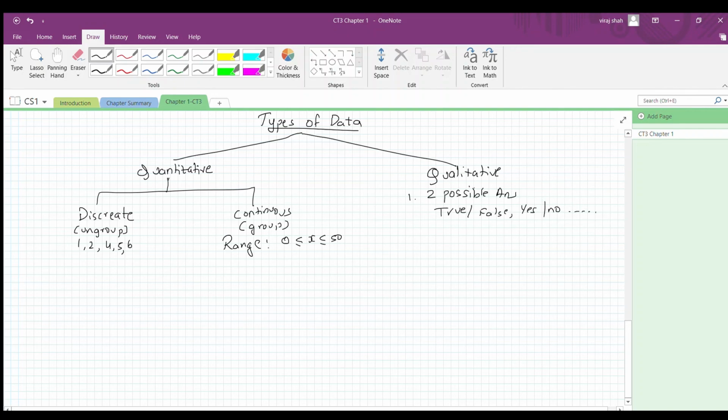So the second aspect of the qualitative part would be the nominal one. So what do you mean by nominal? Nominal is dependent upon certain types. So basically it is nothing but your name. It can be classified as type of policies and so on.